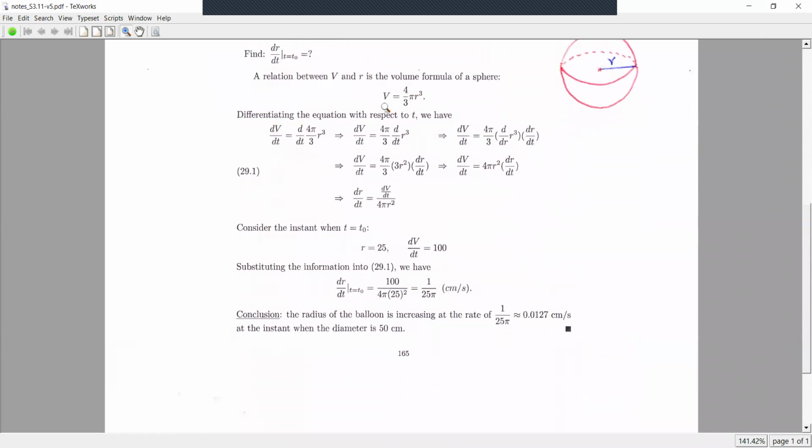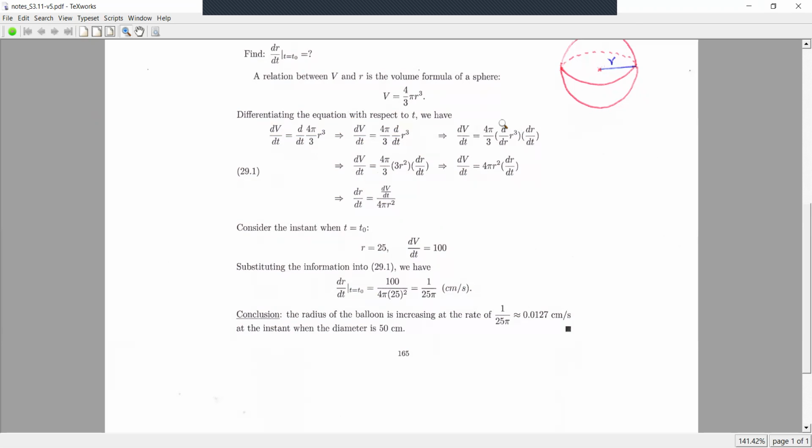Now, take the derivative with respect to the time t on both sides of this equation. Then I have this equation. Move out the constant, then I have this equation. Apply the chain rule to this derivative, then I have this equation.